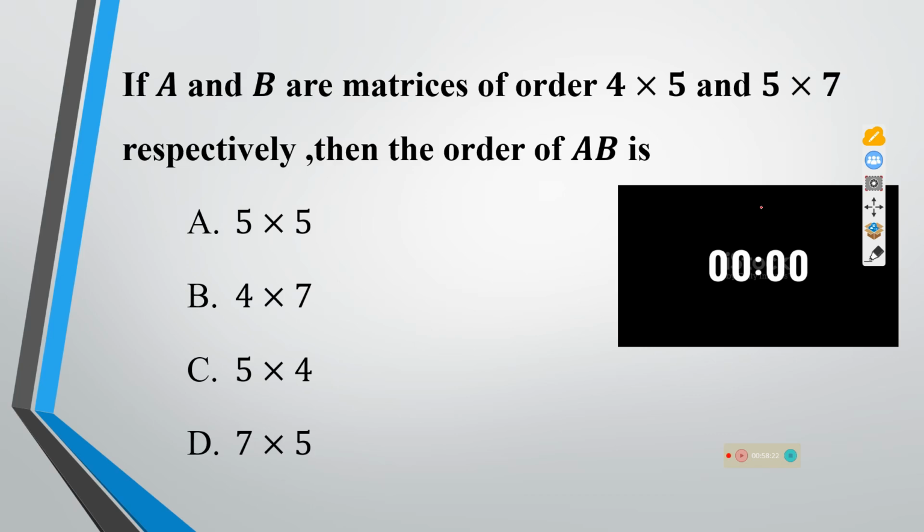So let us look at that. We are told that A and B are of these given orders, 4 by 5. This is 5 by 7. Then what is the order of AB?